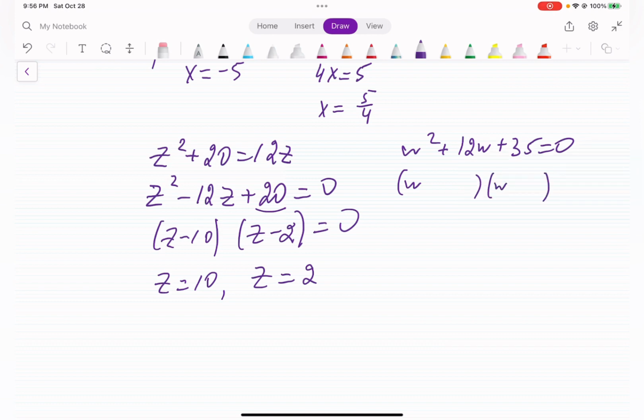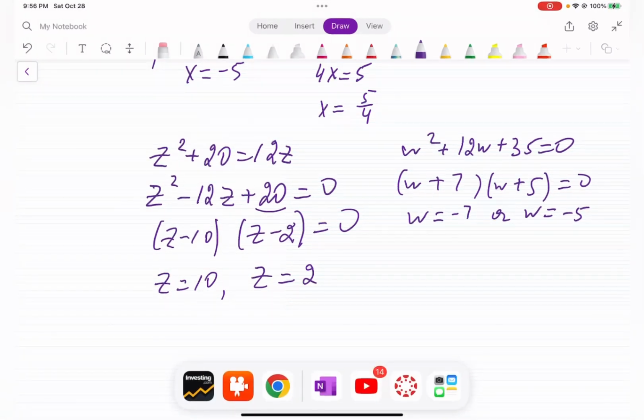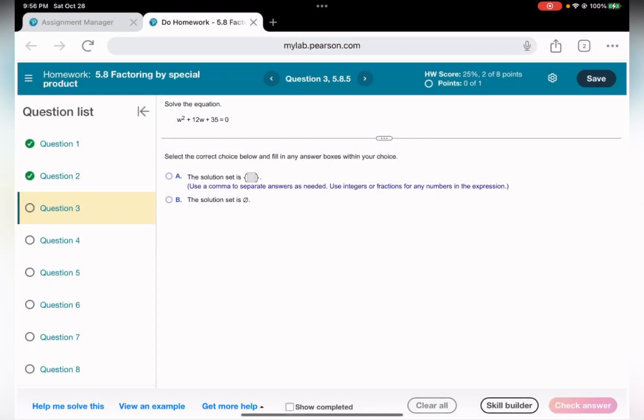What is going to be 7 and 5? Pretty straightforward, plus and plus. So from here, w is equal to negative 7, or w is equal to negative 5. Negative 7.